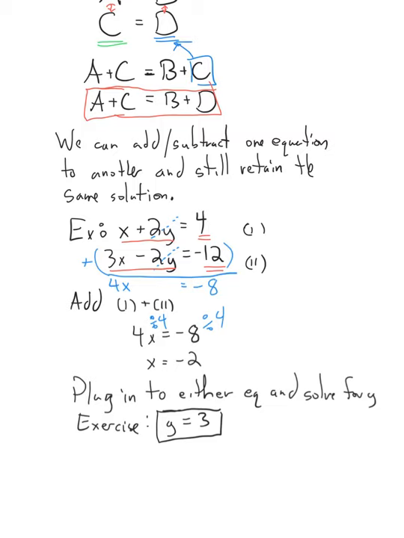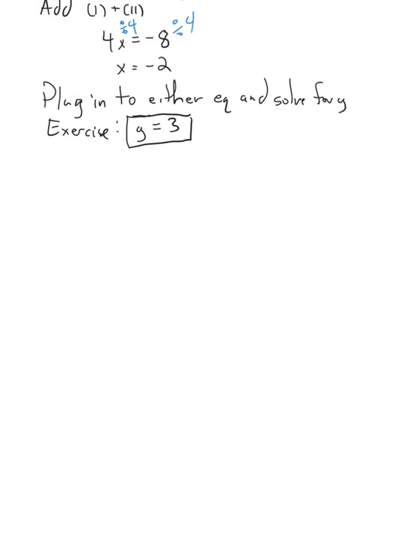So if you get that, you are good to go. But the key is that when we added these equations, we had these variables cancel for us, which is fantastic. Okay, or they are eliminated. That's why it's called elimination. So let's do another example.